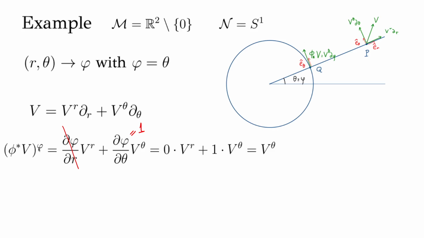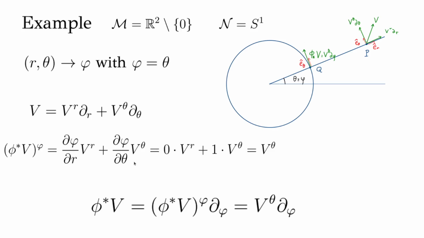Therefore, the unique component of this vector is equal to V theta. Then you see that the pushed forward vector phi star V is equal to V theta times the coordinate vector d theta. And if we want to make a simple representation here on the plane, you see that in order to obtain this vector, all you have to do is to project V into the tangential direction on the circle S1. So this component vanishes and this component remains.